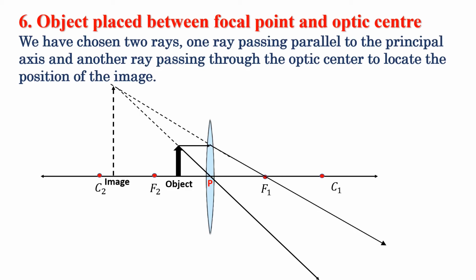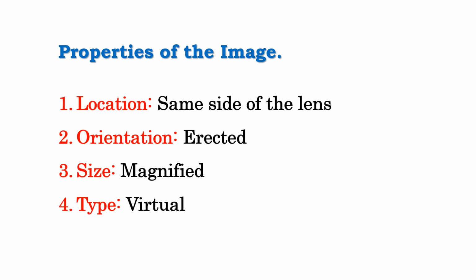That means it is not a real image. By observing this, we can say that the image is forming on the same side of the lens, and it is erect, the size of the image is magnified, and it is virtual.